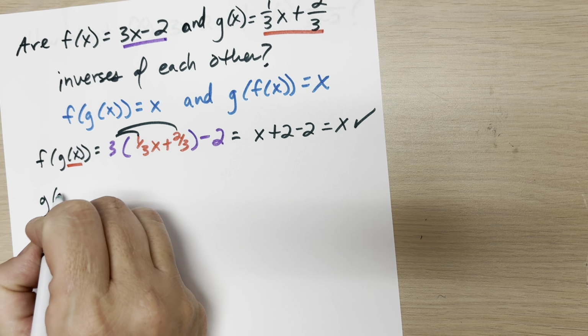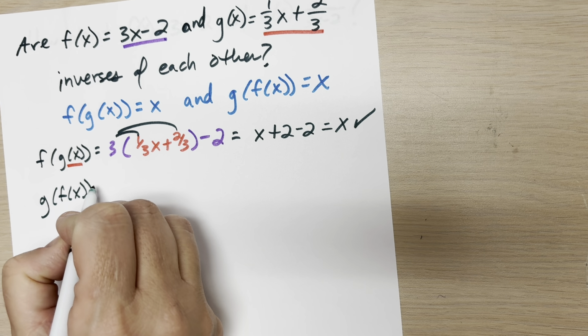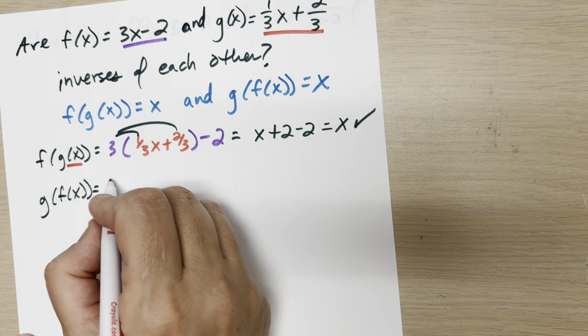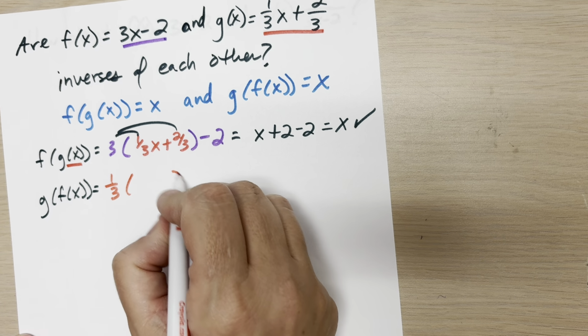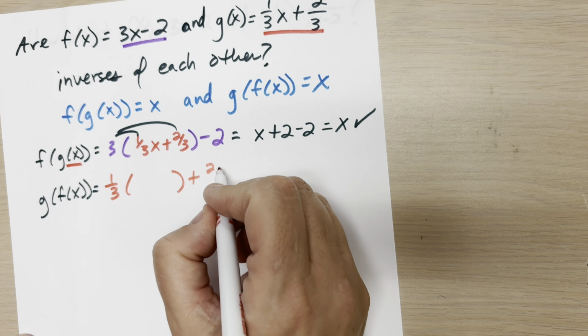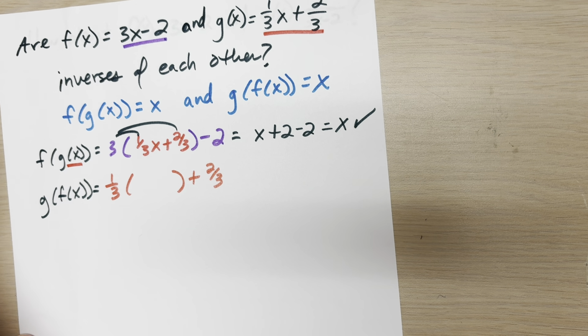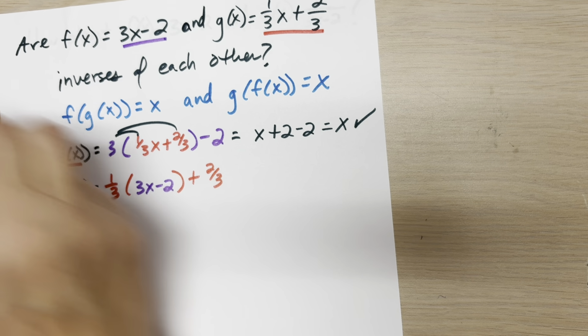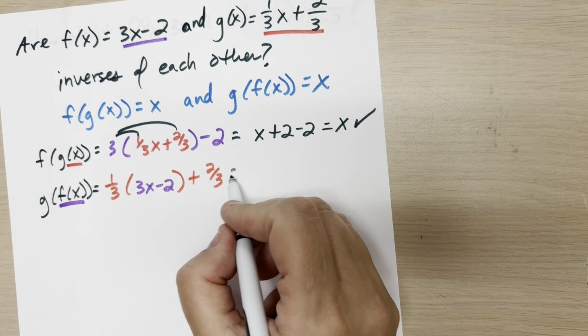Let's see what g of f of x gives us. So the g of x function rule says 1/3 times something plus 2/3. Okay, the something is f of x, 3x minus 2. All right, here we go.